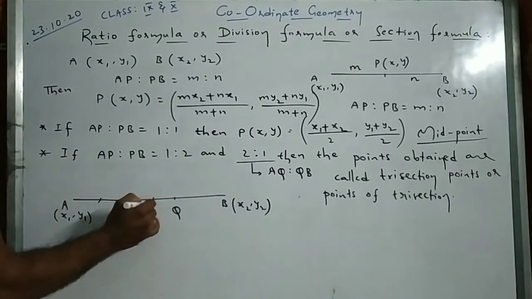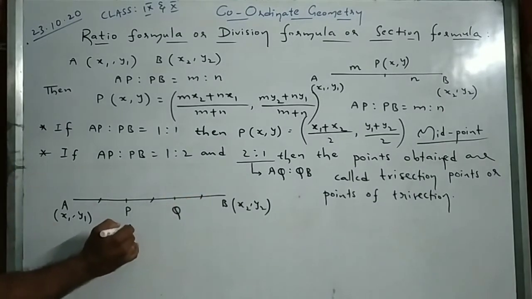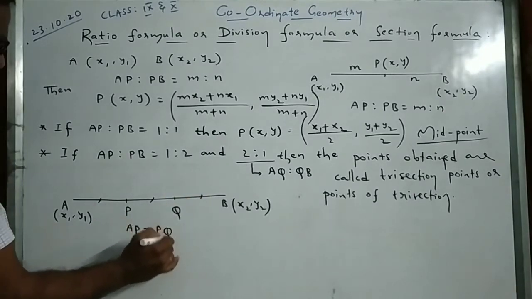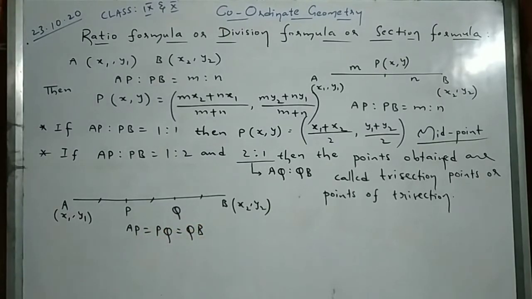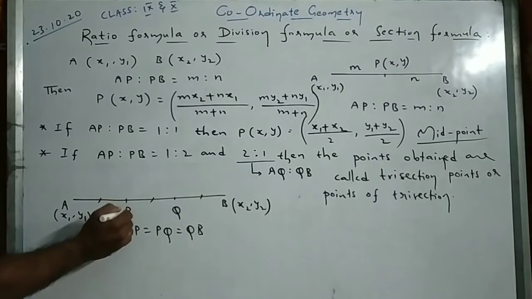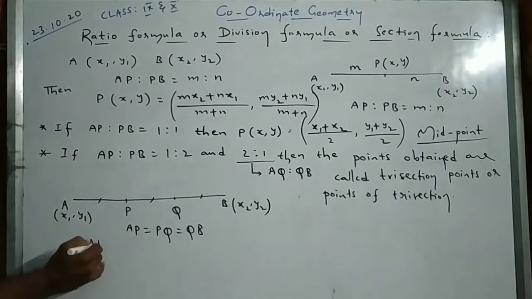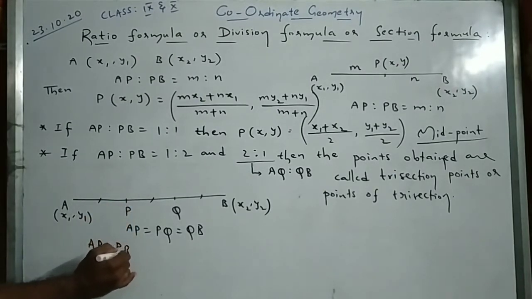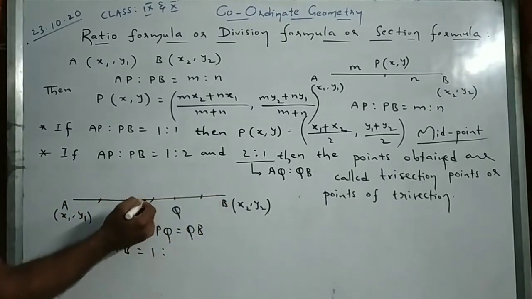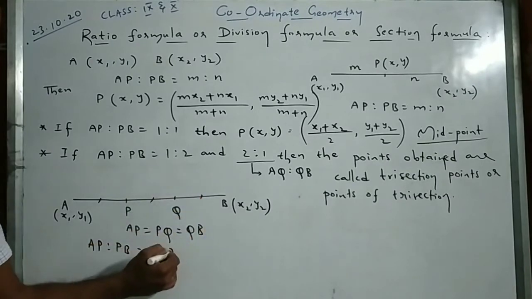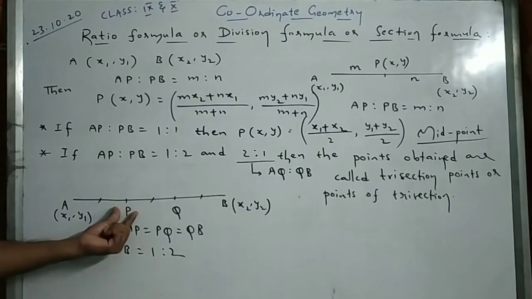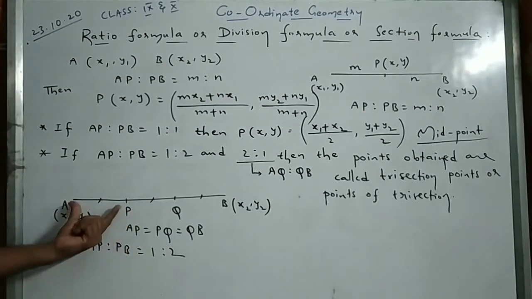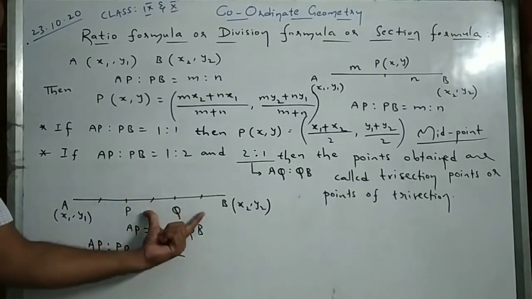So, AP, PQ, QB. Their distances are equal. So to get the coordinates of P, I must take AP is to PB equal to, AP, how many parts we have? 1. And PB parts you see here, this one, this one. So 1:2. So to get the coordinates of P, you should take the ratio as 1:2.